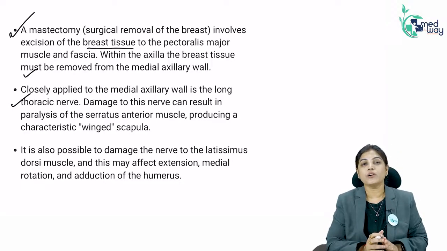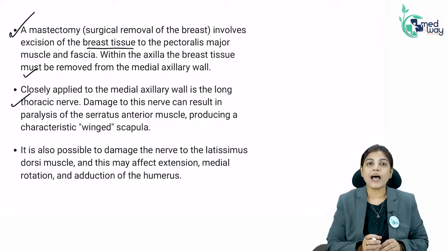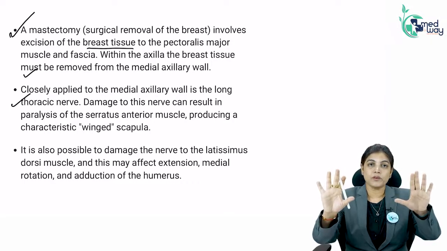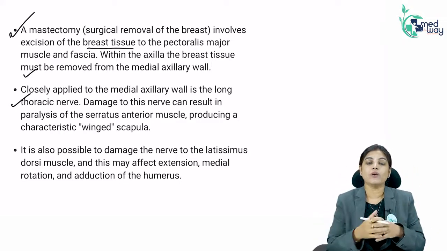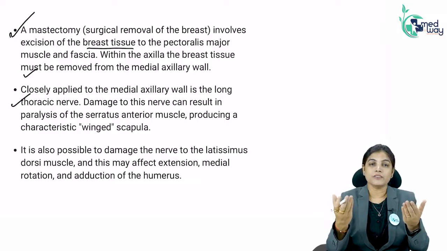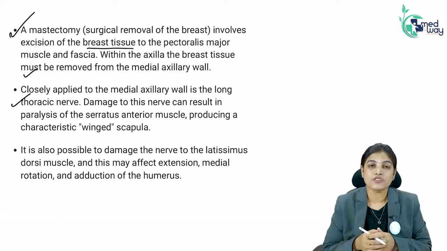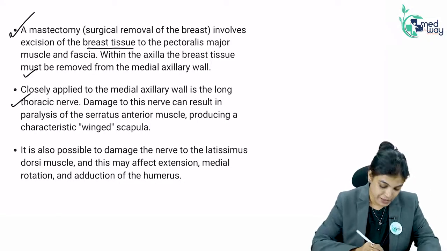If the long thoracic nerve is injured, it will lead to paralysis of the serratus anterior muscle, whose function is protraction of the scapula. So when you tell the patient to push against the wall, the medial border of the scapula will be exposed on the outward aspect, and that condition is called winged scapula.